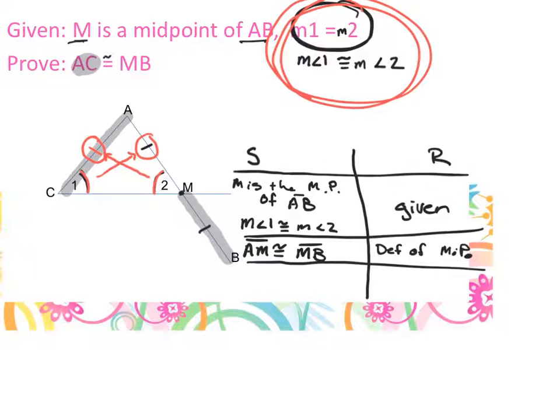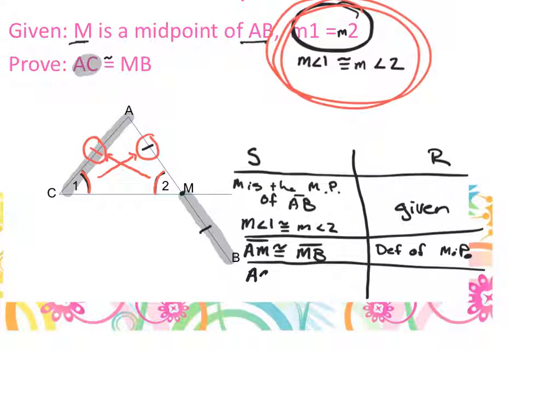Segment AC is congruent to segment MB. Not MB, we couldn't do that yet. Oh wait, AM. And what was our reason? Base angle converse. Good, the converse of the base angles theorem.